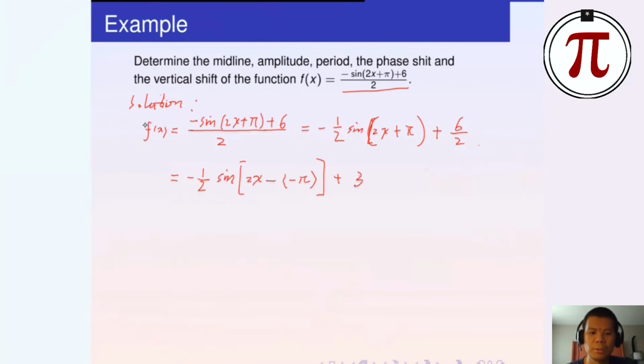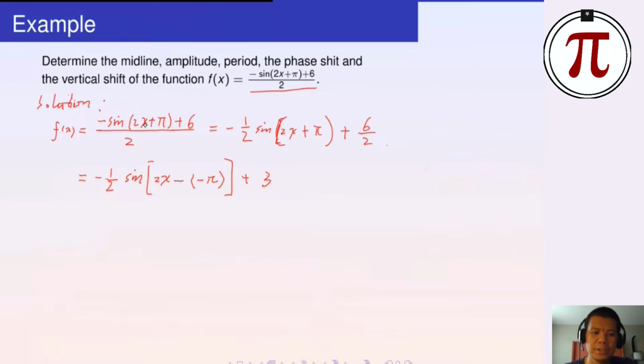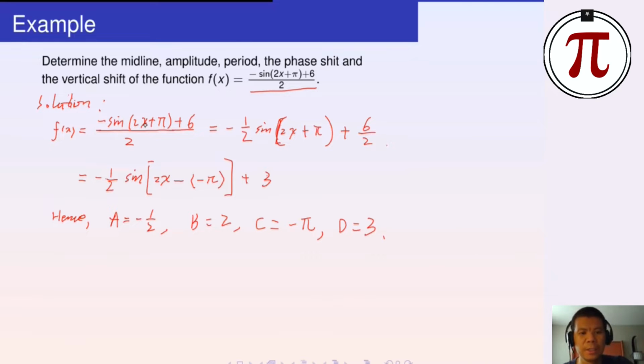Now, what do we have? What is the value for A? Negative 1/2. B equals 2. C is negative pi. It's not pi, so be careful on that. And D is 3.